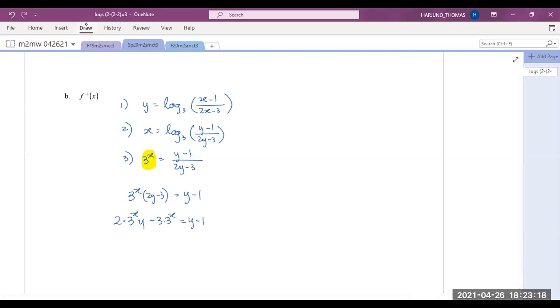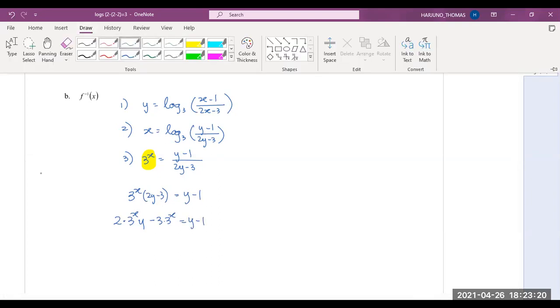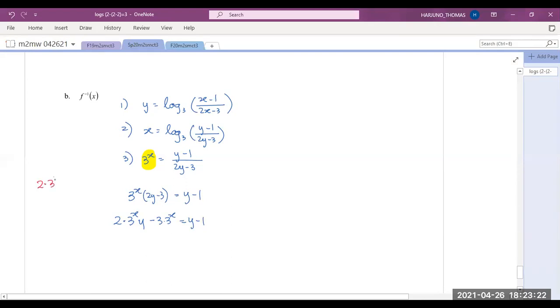But big warning though, big warning. 2 times 3 to the x is not the same as 6 to the x. Why not? Because 6 to the x is actually 2 times 3 in parentheses to the x. That's if you have 2 to the x times 3 to the x.